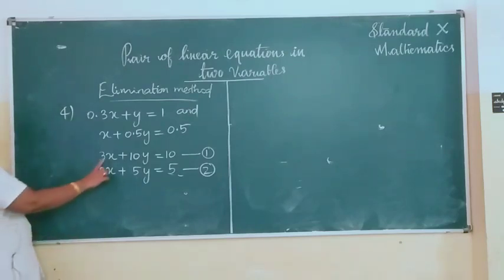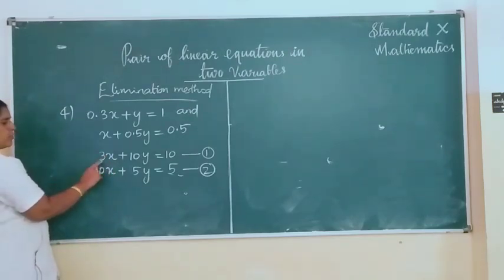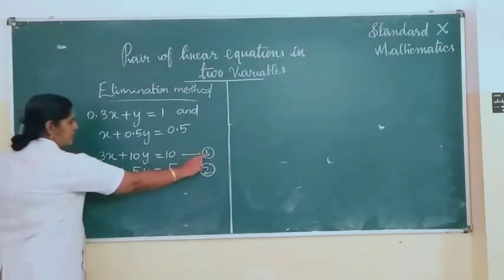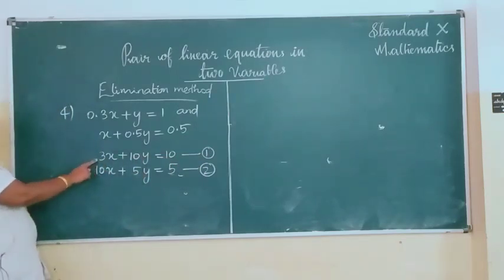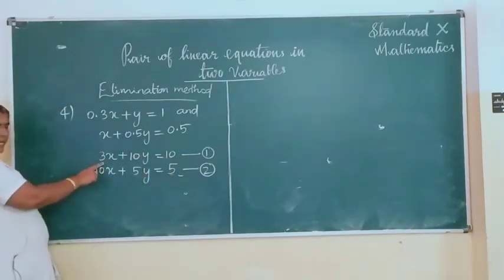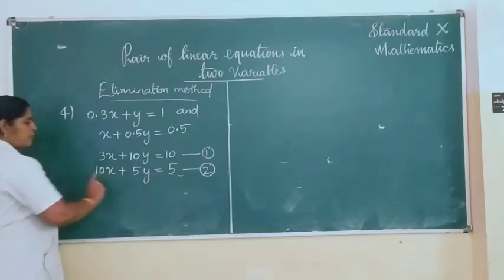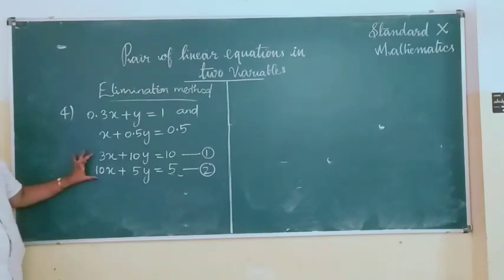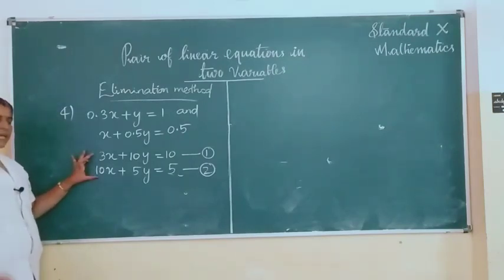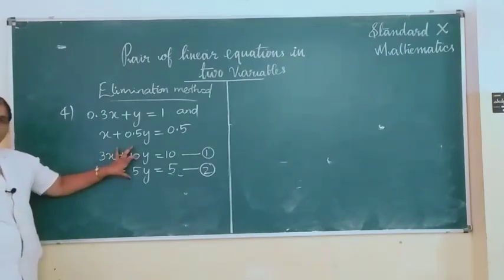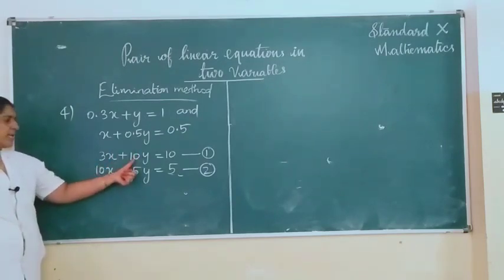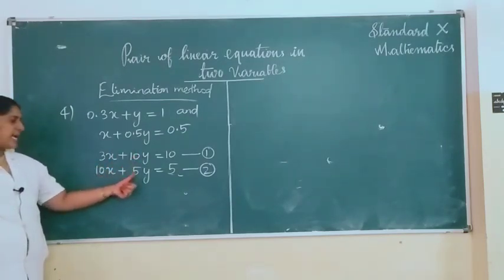So to make this the same number, you want to multiply the first equation throughout by 10, so it will become 30. For the second equation, for the x coefficient to become 30, you want to multiply throughout by 3, so that the x coefficients will become the same. If you want to eliminate y, what will you do? Y has coefficients 10 and 5.